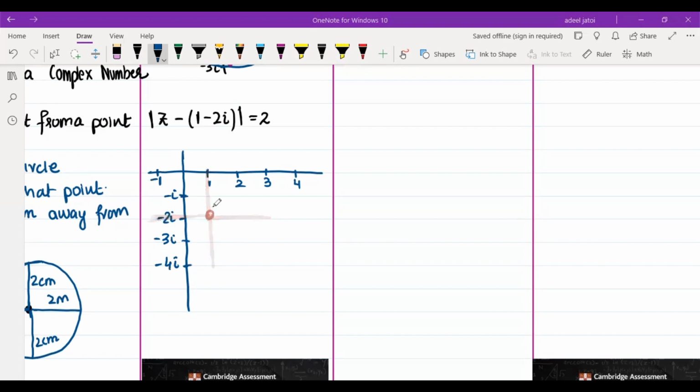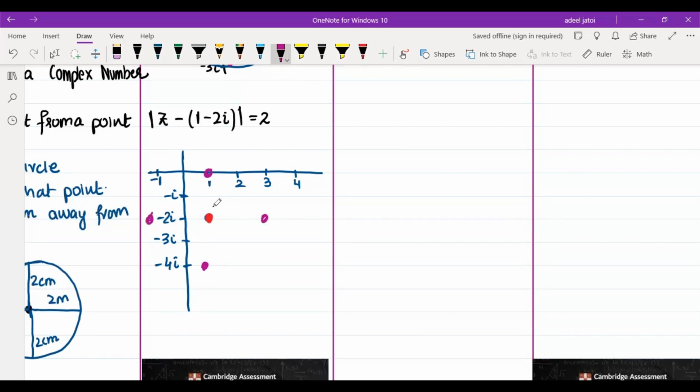So if we draw the points, this will be your center point on the Argand diagram, 1 minus 2 iota. And if we want to draw the circle, you can always have the compass with you. Your compass will be necessary with 2 centimeter from the center.